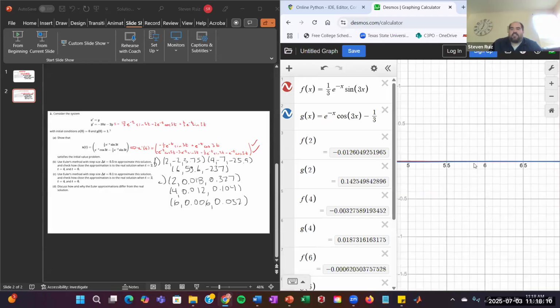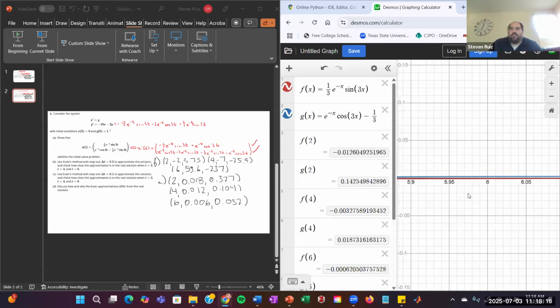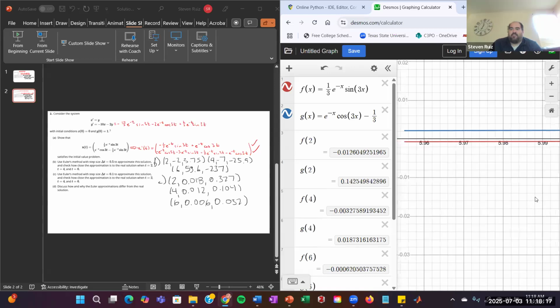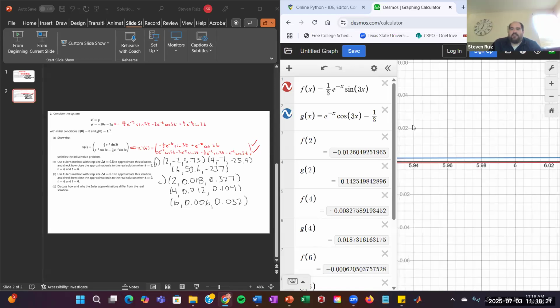Okay, so the graph, even before I look at the numbers, bears out what I thought would happen. So 6 seconds is as far as I wanted to go. I have to zoom in pretty far to see these separate at all. And when I do, they're very close to 0. So look at these scales. This first thick black line here is 0.02 and -0.02.